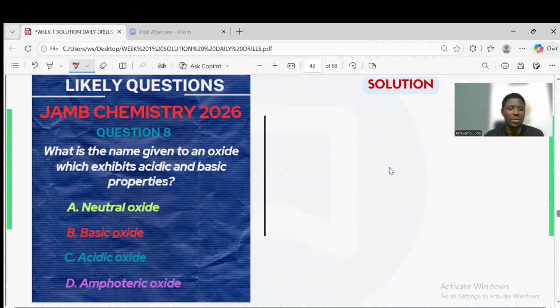Question 8. What is the name given to an oxide which exhibits acidic and basic properties? That is amphoteric oxide, something like zinc oxide and aluminum oxide. They can react with acid to form salt and water. They can react with base also to form complex salt. If I react this with HCl, I can easily form ZnCl2 and H2O.